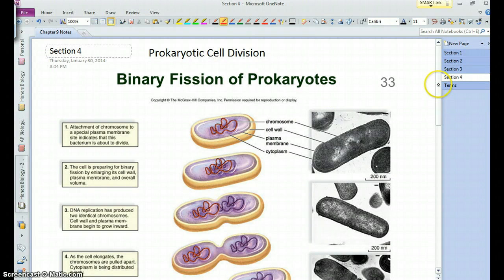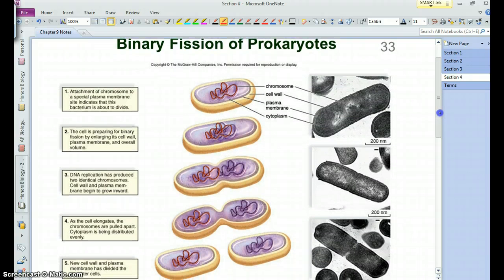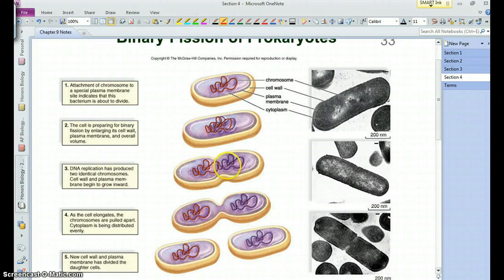The way they do cell division is, first they make a copy of that chromosome. The two individual copies attach to the ends of the cell, and the cell elongates, which moves the two copies of the chromosome to opposite ends.